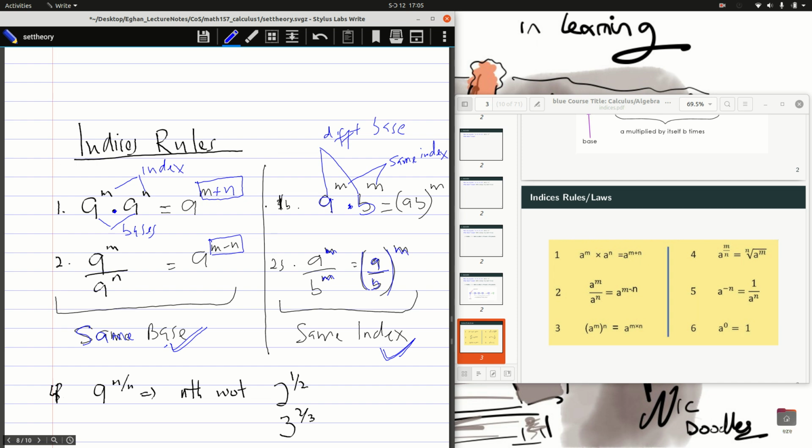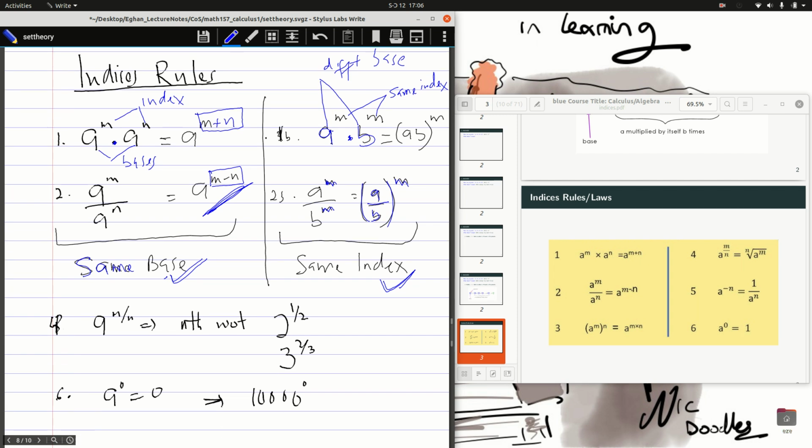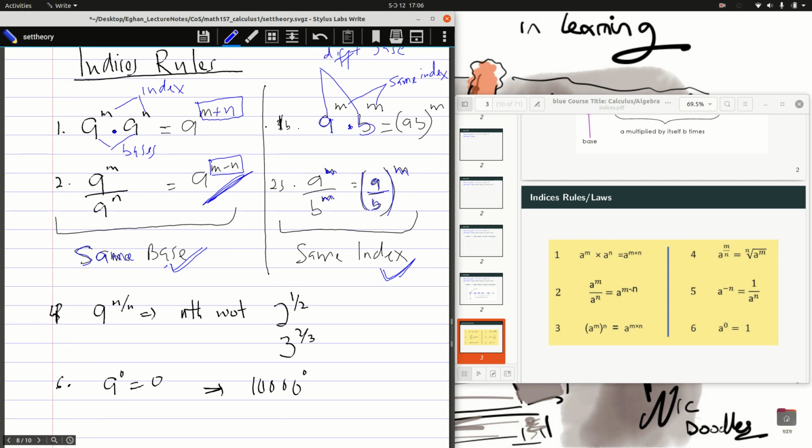So you don't just always go by this part without watching the bases or the indexes. Now the fourth rule says if I have a and then the index is a fraction, it's like the nth root. We call it the nth root. So how do we know that 2 to the power half is root 2?